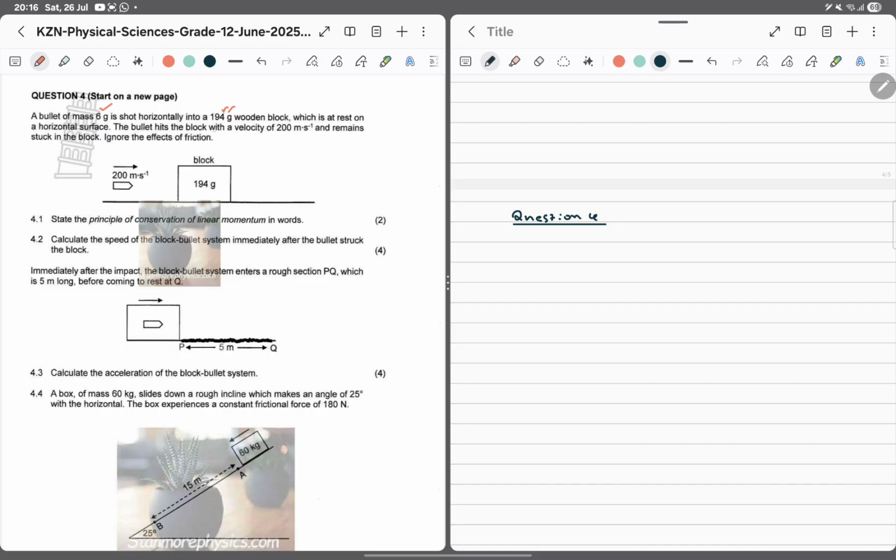The bullet hits the block with a velocity of 200 meters per second and remains stuck in the block. And we are to ignore the effects of friction. So what are we creating here, guys? A closed system. We are creating a closed system.